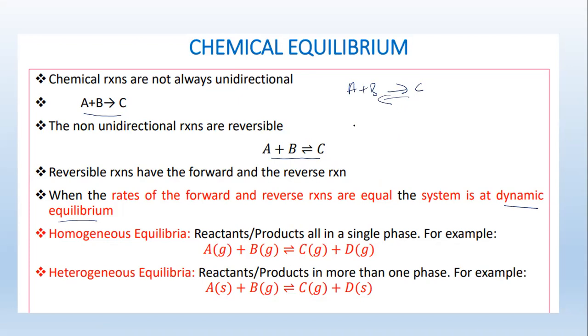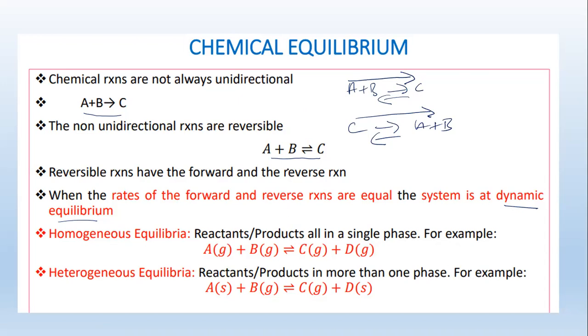So if I want to decompose C to form A and B, again, this is the reversible reaction. So in this case, this simply means that the rate of this reaction is going to be the same as the rate of this reaction. So when the rates are the same, we are talking about a dynamic equilibrium of the forward reaction and the reverse reaction.